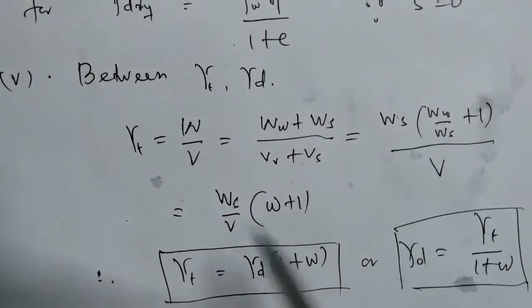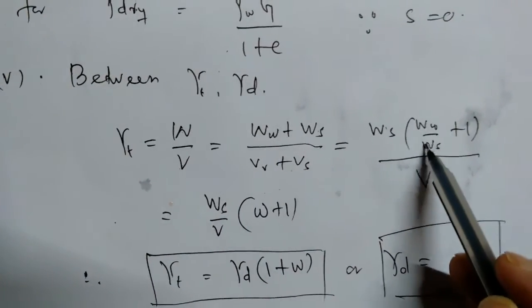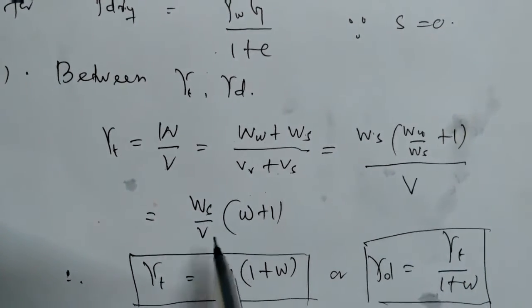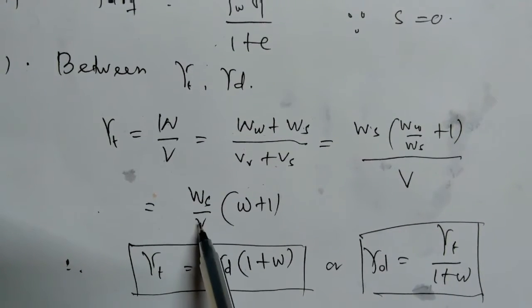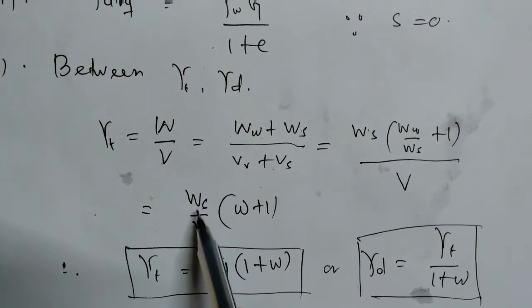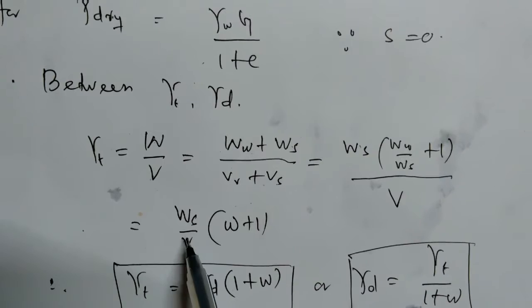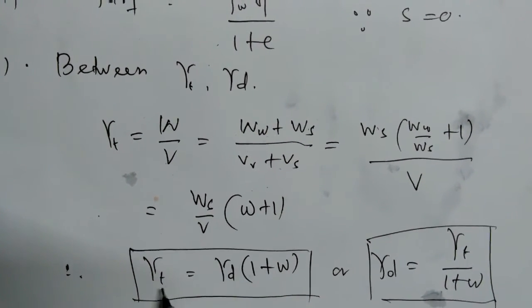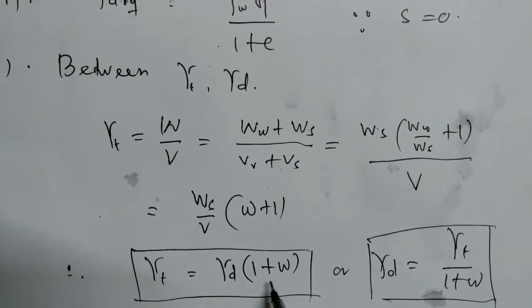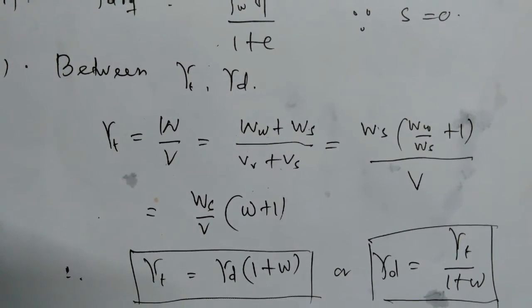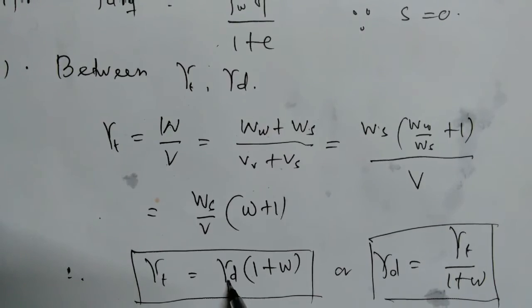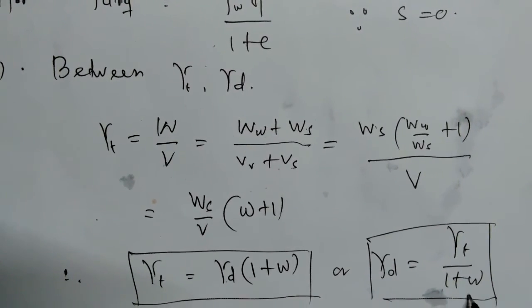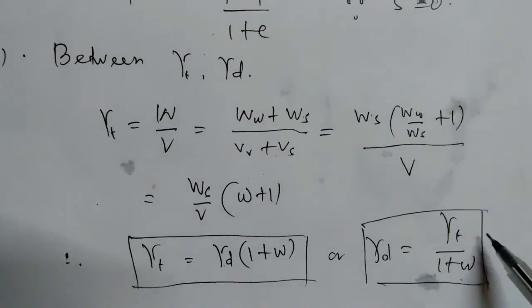Now Ws by V is dry unit weight, and this is water content plus 1. If you remember, Ws by V is equal to gamma D. So gamma T is gamma D into (1 plus omega). Or one can reverse it like this: gamma D is equal to gamma T by (1 plus omega). You can use this formula either this way or that way.